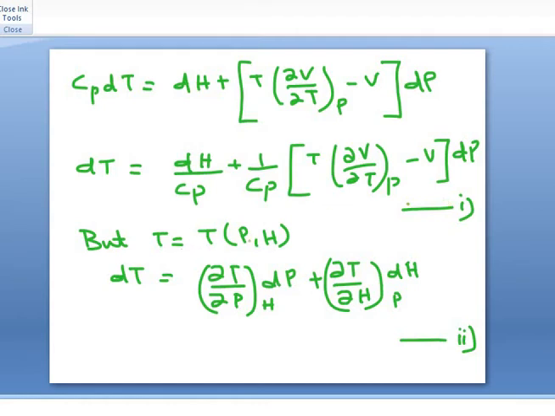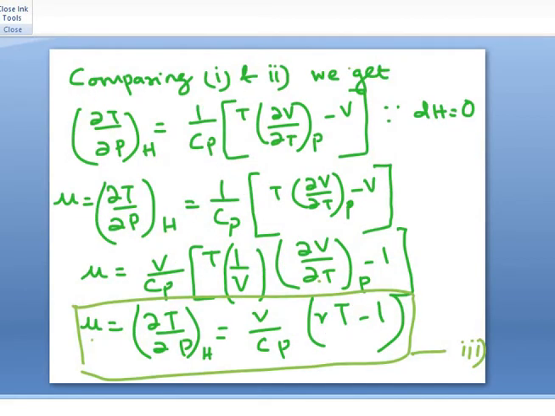Again we know T is a function of P and H, so taking the partial derivatives, dT is equal to (dou T by dou P) at constant H dP plus (dou T by dou H) at constant P dH. So this is our equation 2. Now let us compare equations 1 and 2.